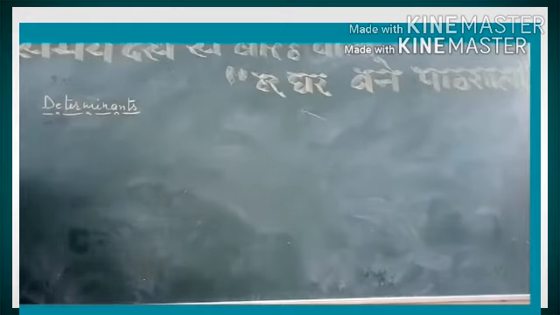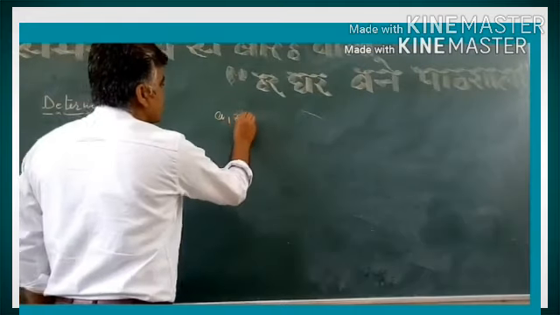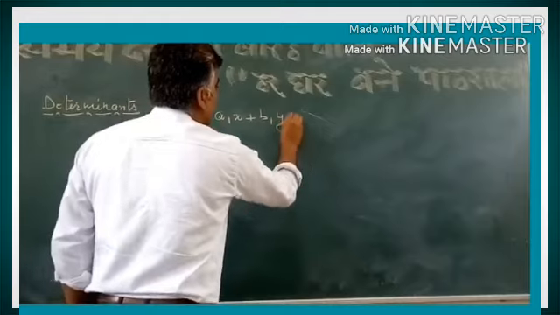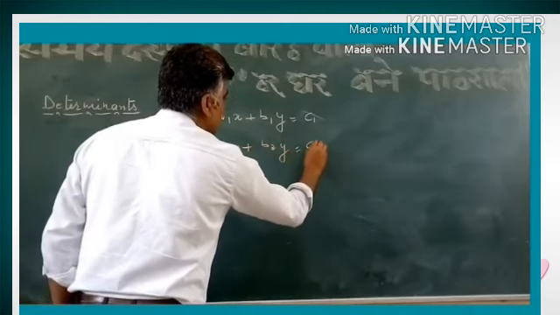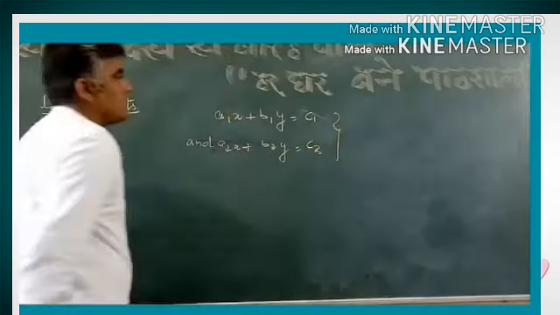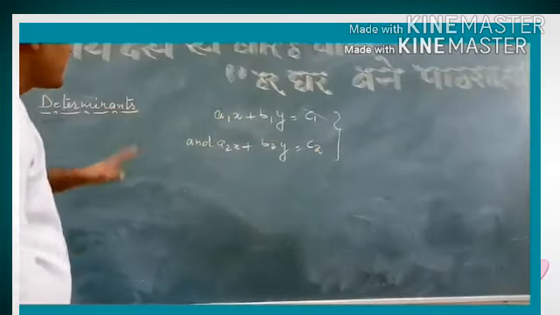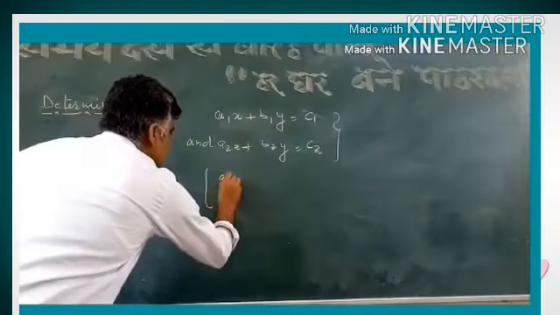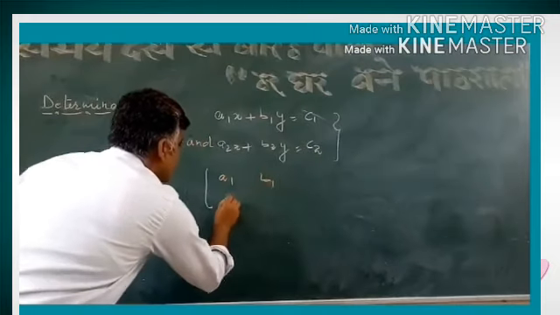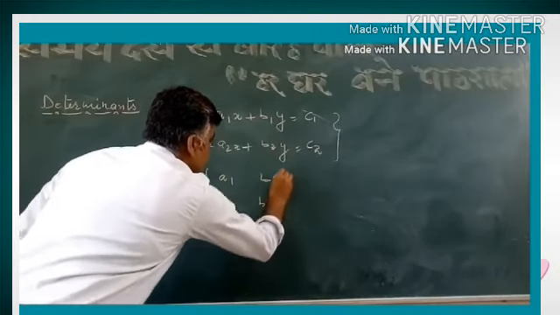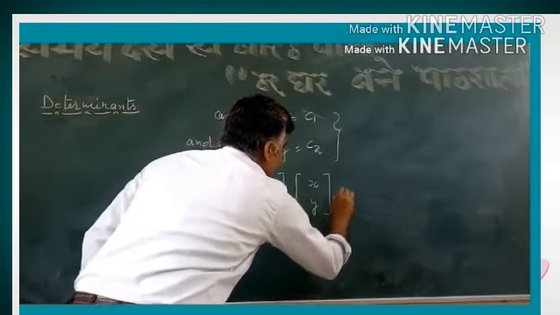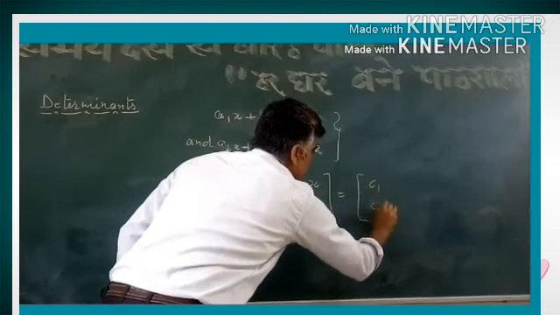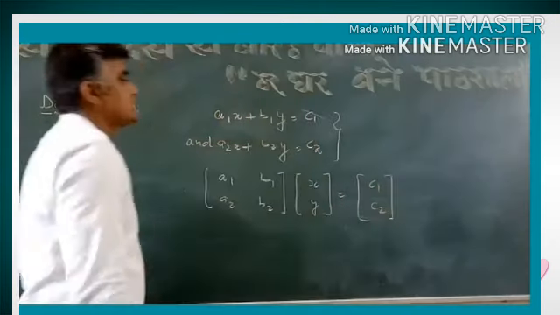A system of linear equations like a1x plus b1y equal to c1 and a2x plus b2y equal to c2 can be written as the matrix [a1 b1; a2 b2] into [x y] equal to [c1 c2] in the algebra of matrices.